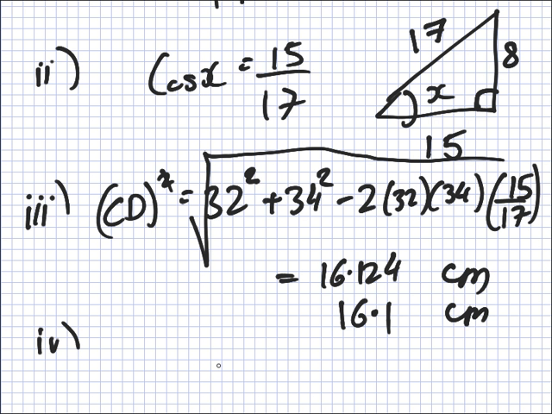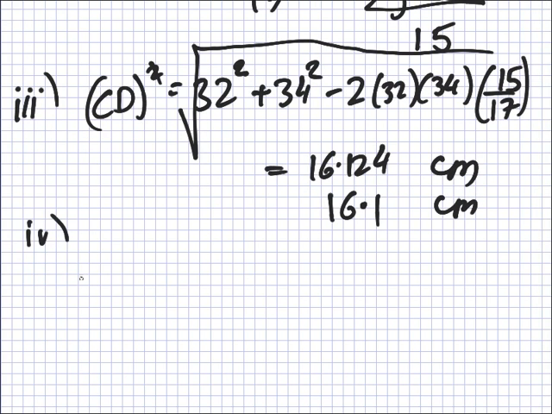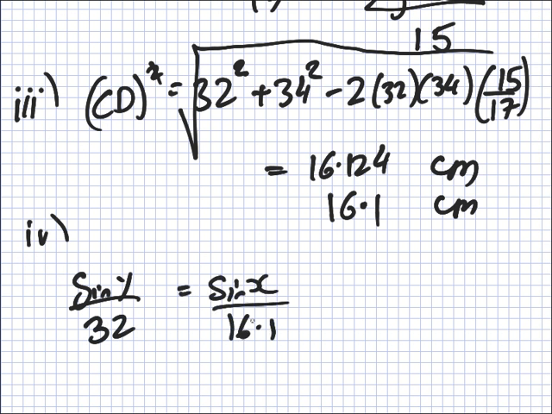Do I have to use the sine rule to get y? Yes. It's the only way. So I can say sine y over 32 equals sine x over 16.1. And you know what the sine x is. What was sine x earlier? 8 over 17.